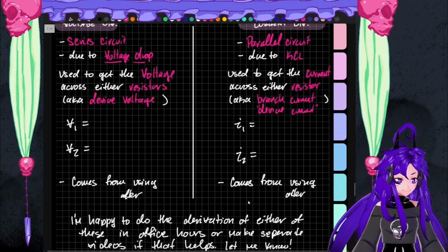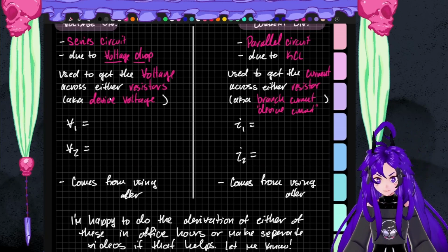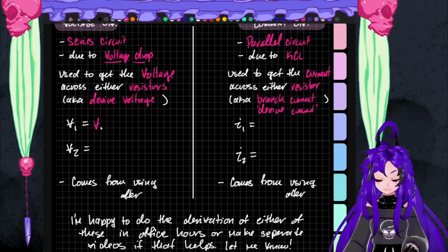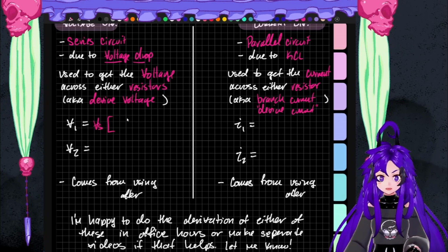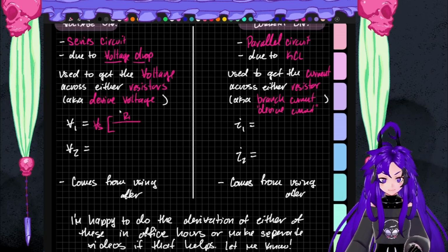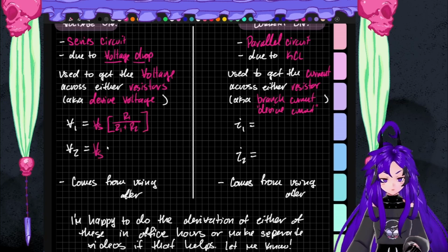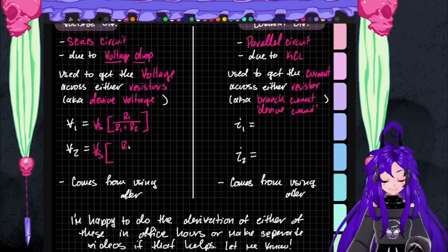So how do we get them? What are the equations? V1 in voltage divider is going to be the source times the ratio of the resistance of the first resistor to the total resistance, R1 plus R2. And V2 is R2 over R1 plus R2.